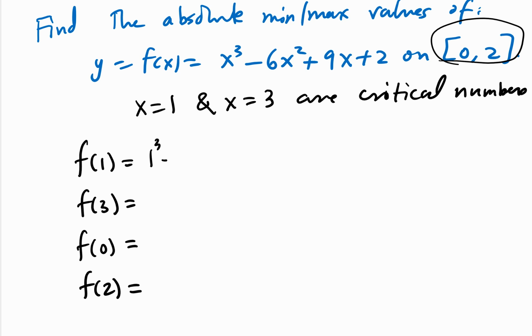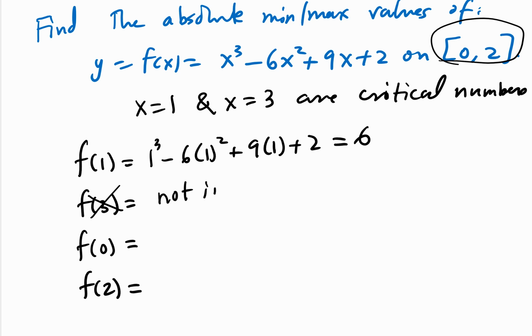F of 1 is 1 cubed minus 6 times 1 squared plus 9 times 1 plus 2. I found this to be 6. F of 3, you can't evaluate it, it's not in the interval 0 to 2. F of 0 is 2. F of 2 I found to be 4.